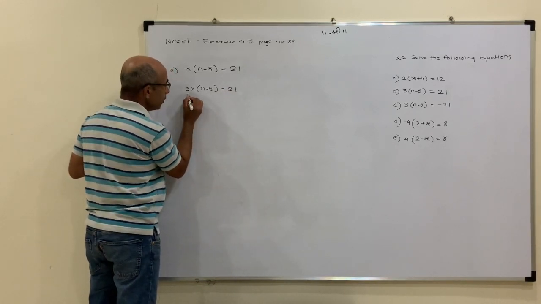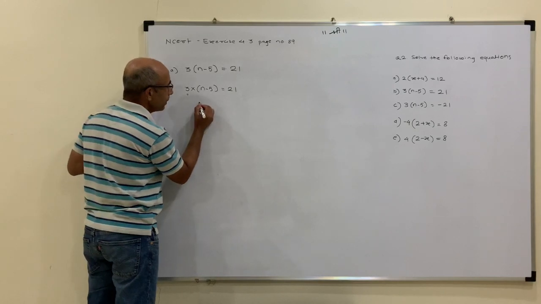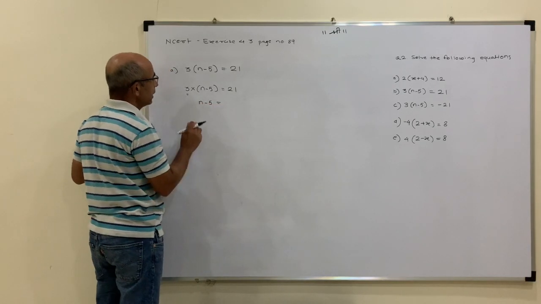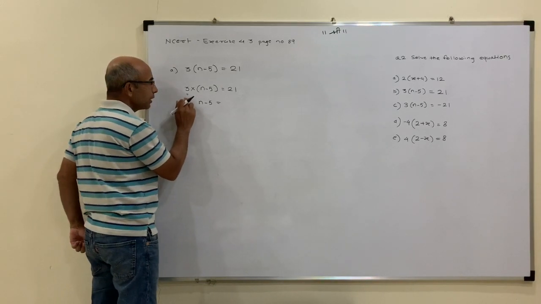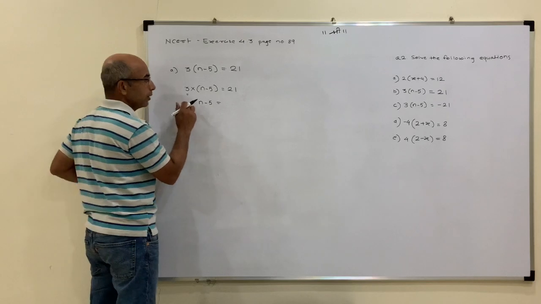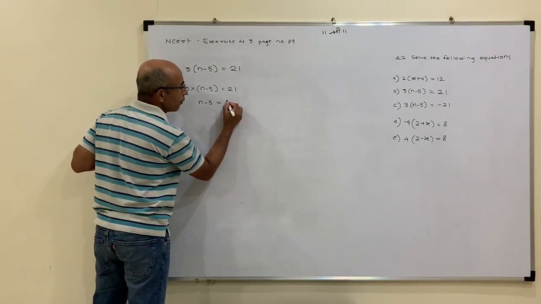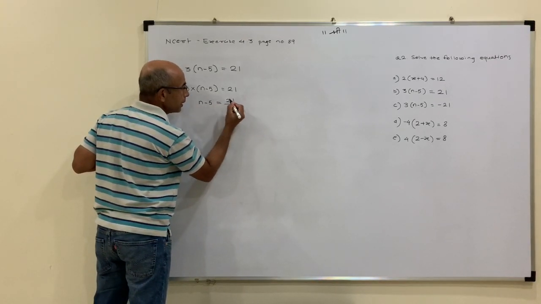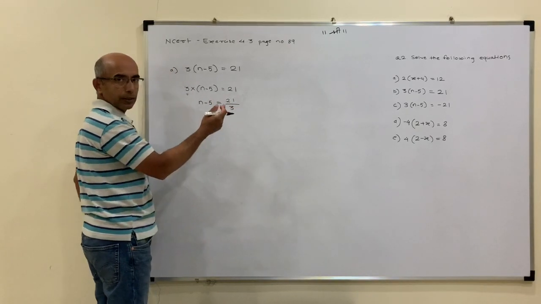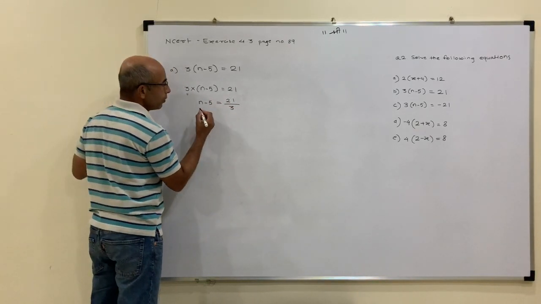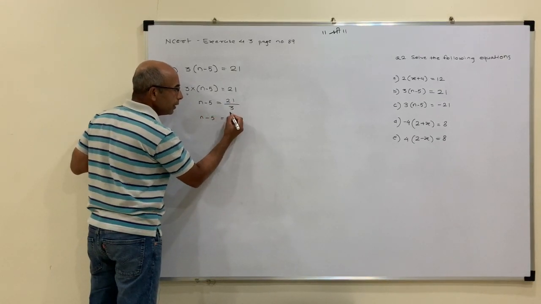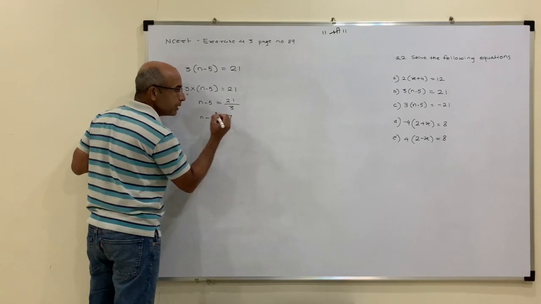Now to get rid of this 3, I'll be moving 3 from the left hand side to the right hand side. That is, I'll be transposing 3 from the left hand side, where it is a multiplicative factor, onto the right hand side. So when a multiplicative factor is transposed, it becomes a division on the other side, that is on the right hand side. So my next step will be n minus 5 equals 21 divided by 3, which comes out to be 7.